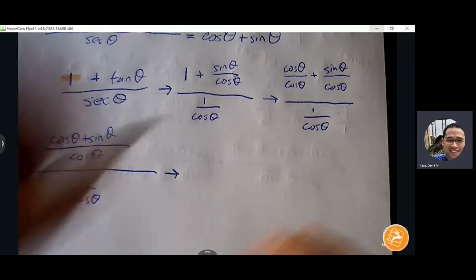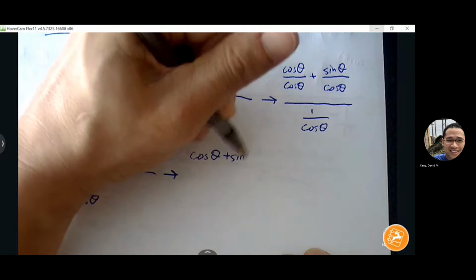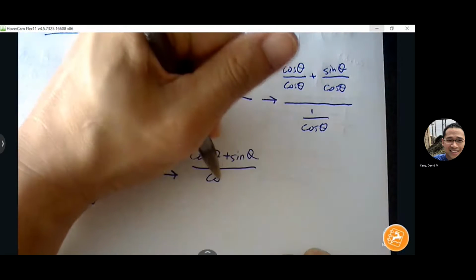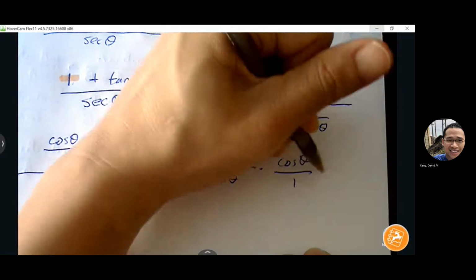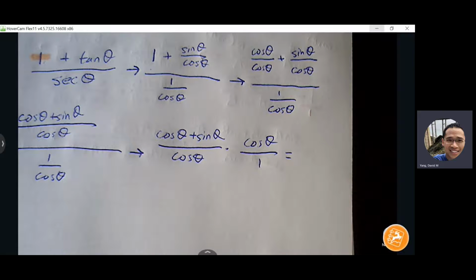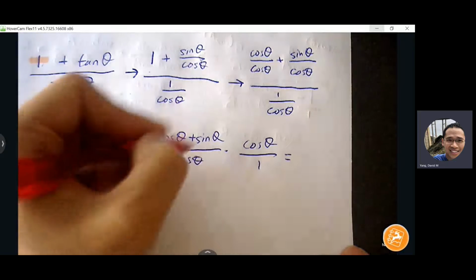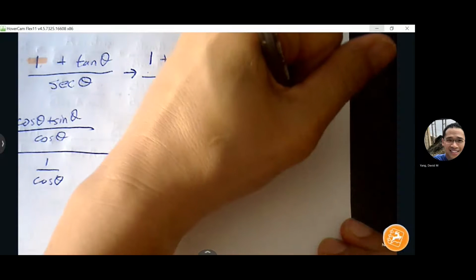Multiply it by the reciprocal. Once I get that cosine to flip to the top, I can see cosine goes away nicely for us, which is left with cosine plus sine.